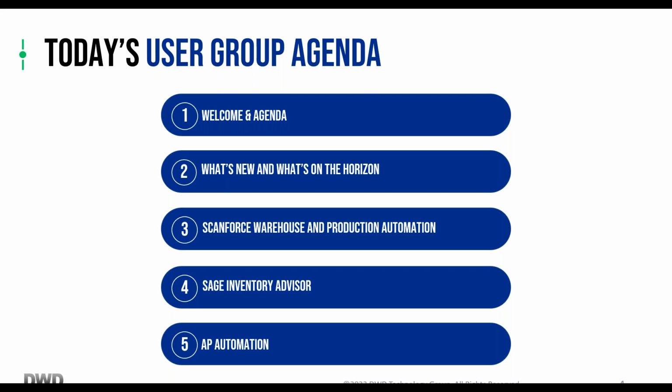And then Sage AP Automation will also be here at the end to give you an overview of their tool and how that makes the AP invoice approval process so much smoother. And again, I think that's one of these tools we typically look back over the last couple of years to say, hey, what are clients using, purchasing, and those are three of probably the biggest ones that we've had over the last few years.